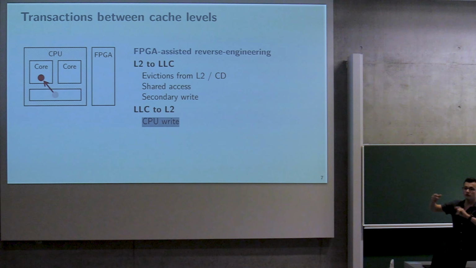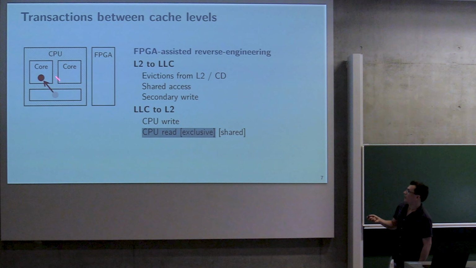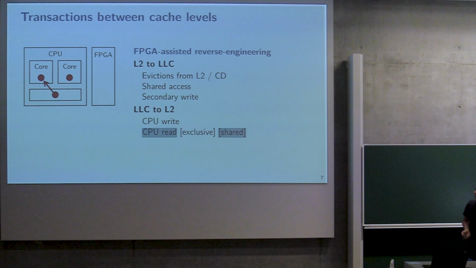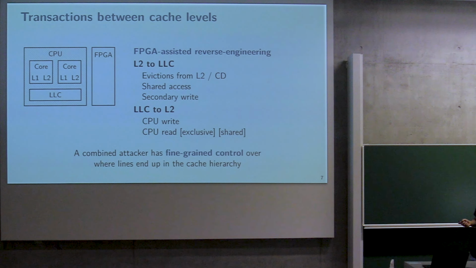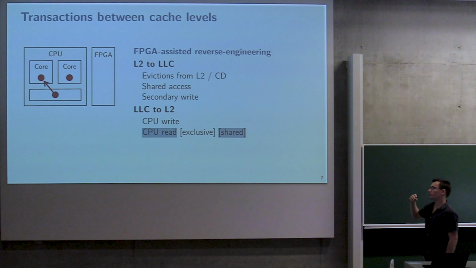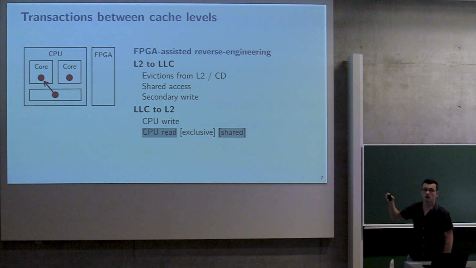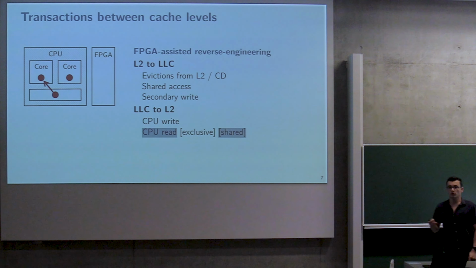You can also do the inverse thing, so you can write or read with the CPU, and that will move the line back to the core. Now, some of our findings here contradict those in prior work, so we provide supporting experiments with hardware and software as part of our open source repo for future research.